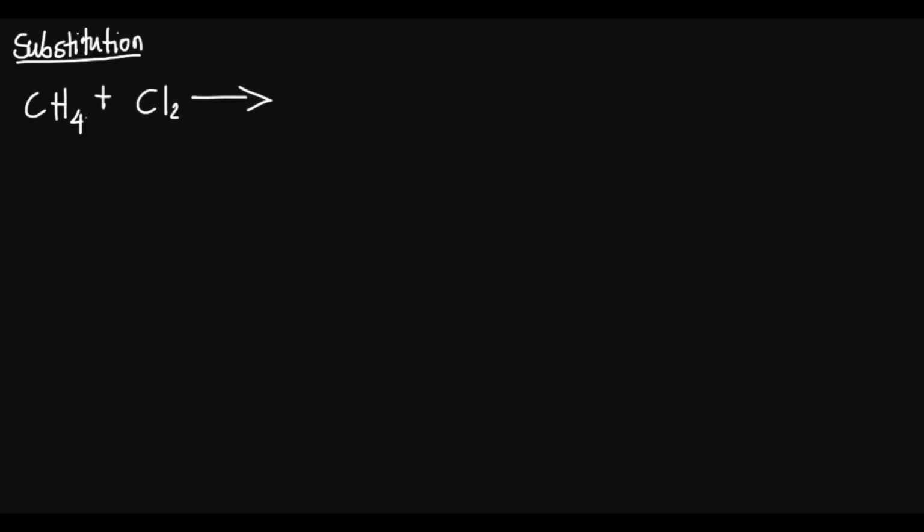So what happens under substitution reaction? The number of carbons does not change. What changes are atoms of hydrogen. Since it's a substitution reaction, 1 atom of hydrogen will be substituted by 1 atom of chlorine.